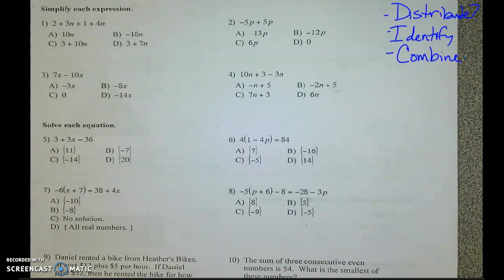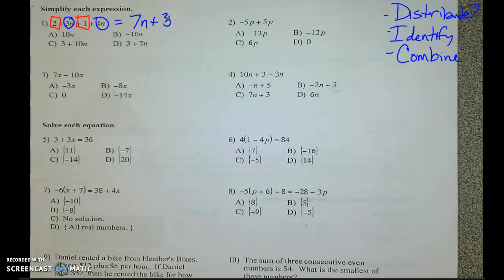So looking at number 1, there is no distributing, there's no parentheses, but looking for the like terms. I see this 3n, I also see this 4n, I see a 2, and I see a 1. Combining those, 3n plus 4n gives me 7n, 2 plus 1 combines to be 3.